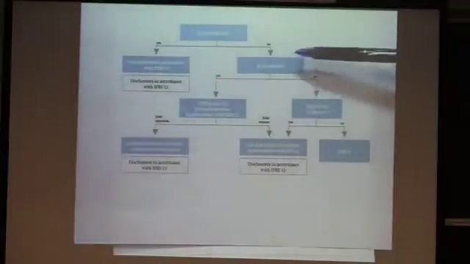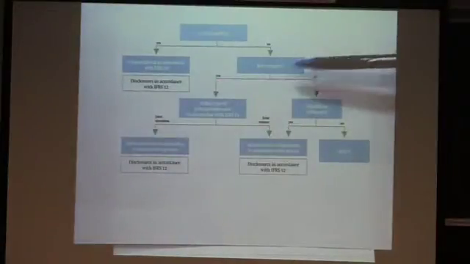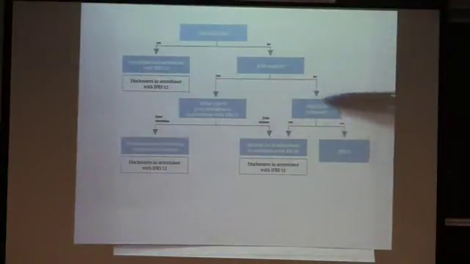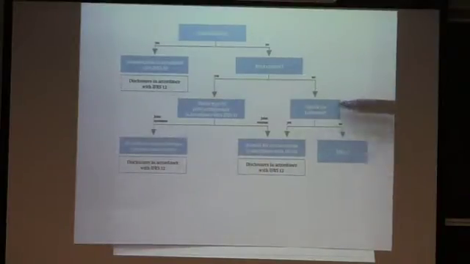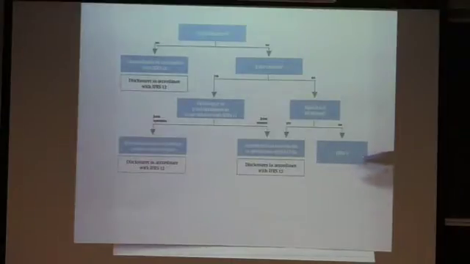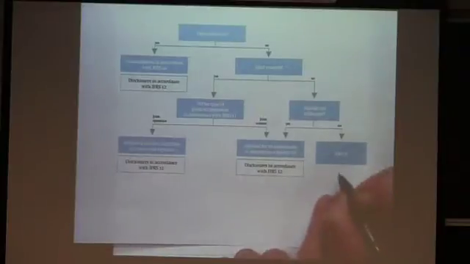If you don't have joint control, then you have to ask, do you have significant influence? If you don't have significant influence, then we are covered under IFRS 9, which is fair value through P&L, the investment method of accounting for investments. This is your less than 20% ownership.